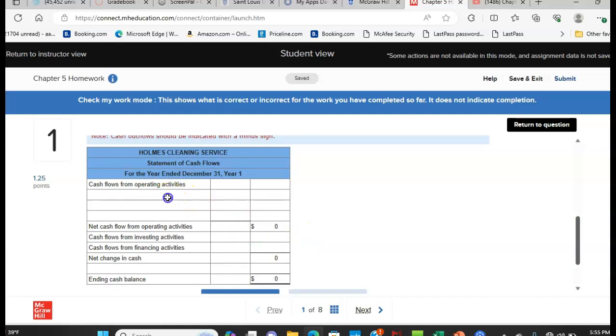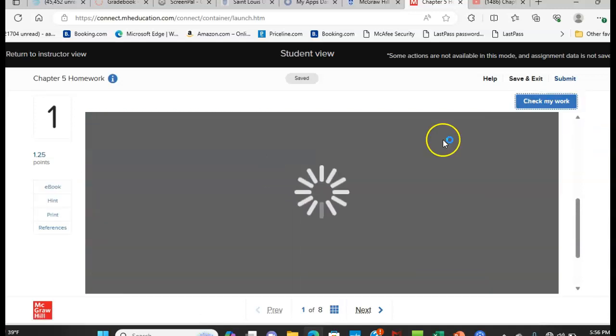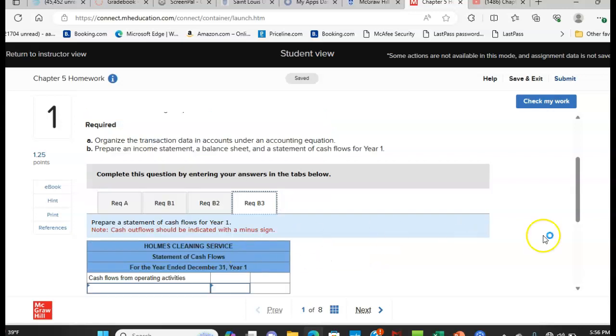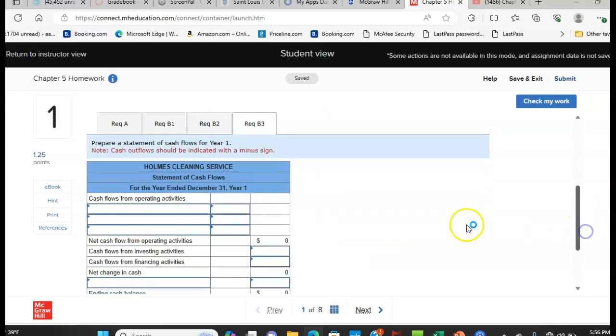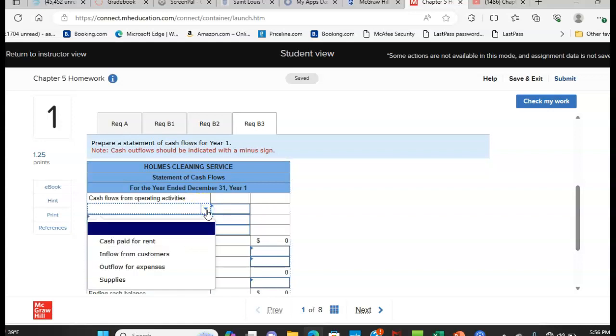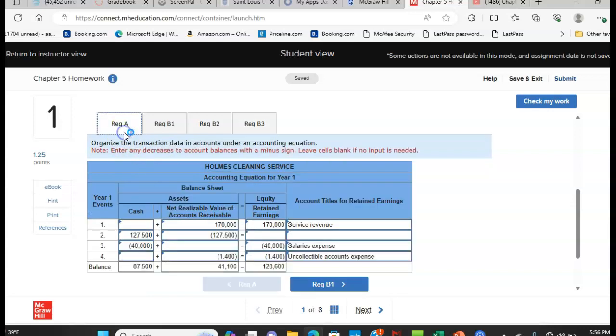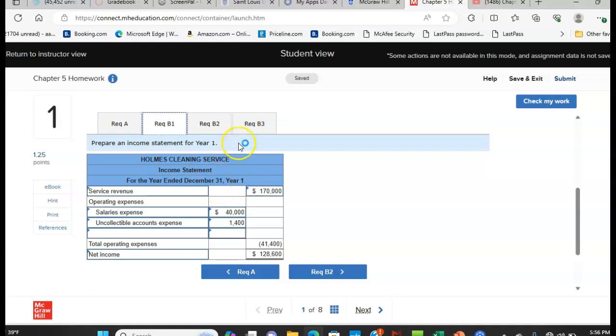So from our operating activities, okay, hit the thing again, return the question. So again, now for our operating activities, we will have the cash inflows from customers. And let's see, that amount was 127,500.